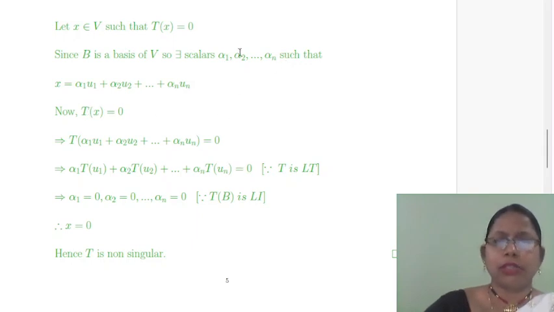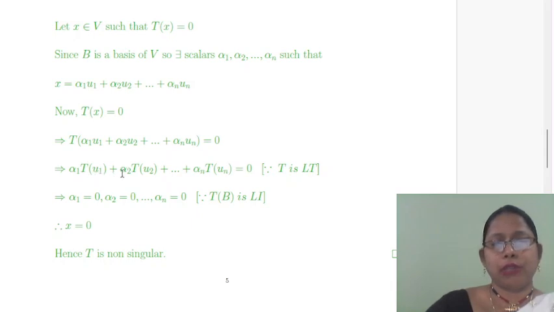Now T of x is equal to 0. Put x equal to this linear combination. Here we will get T of alpha 1 u1 plus alpha 2 u2 plus ... plus alpha n un is equal to 0. By using the property of linear transformation, we get alpha 1 T u1 plus alpha 2 T u2 plus ... plus alpha n T un is equal to 0.